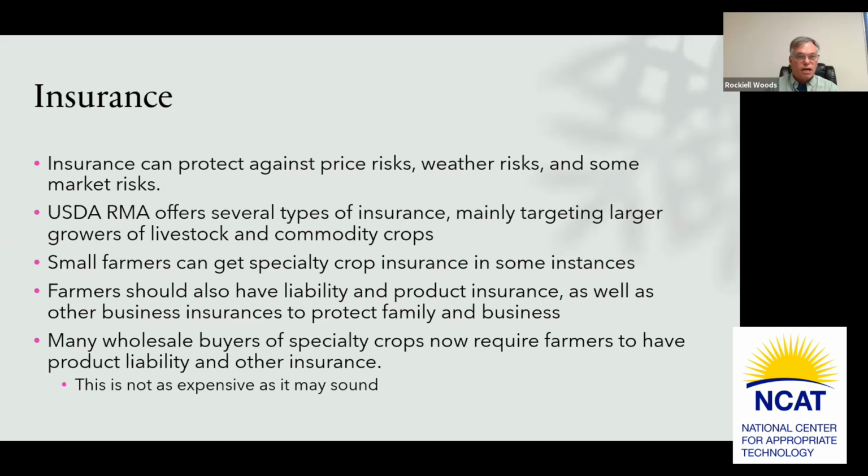But farmers should also have liability and product insurance, as well as other business insurances to protect their family and their businesses. With all the food safety issues these days, many wholesale buyers of specialty crops now require farmers to have product liability and other insurances.